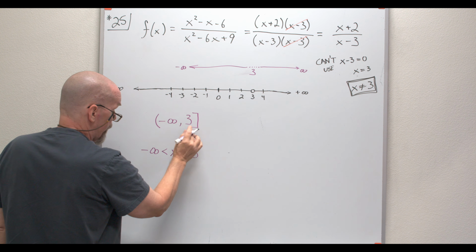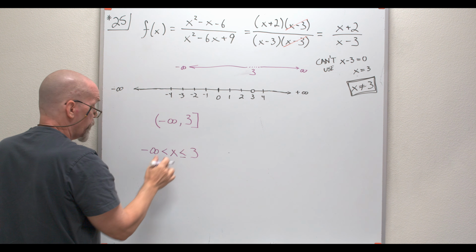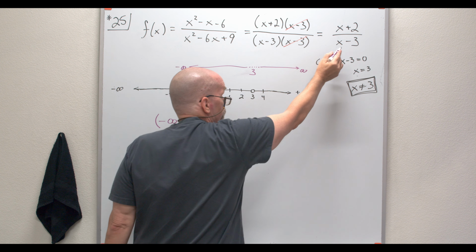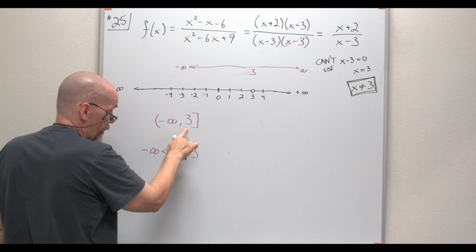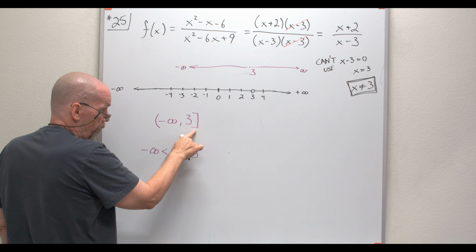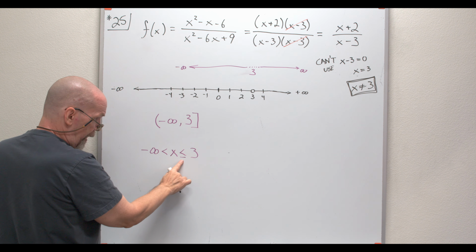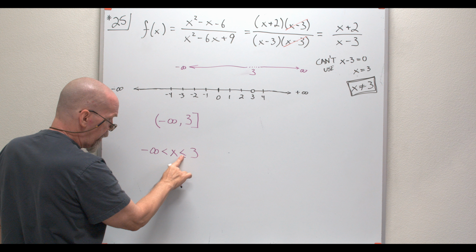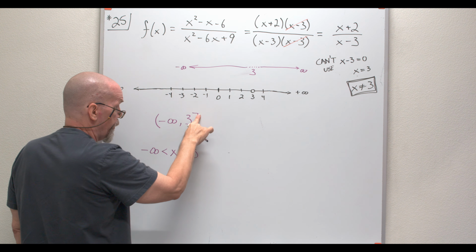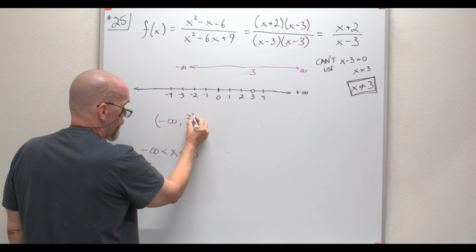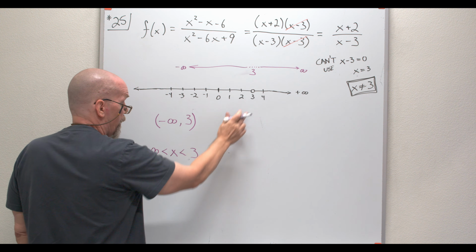It's not what we're doing, because that tells us we're allowed to use a 3. We cannot use the 3 because it would put a 0 up there on the bottom. So this can't be what we're doing now. But the top and bottom of the square bracket form an equal sign. That's when you actually can equal the number. We can't, and that's why this is round. It means you do not use the value of 3. We're not allowed to use 3.